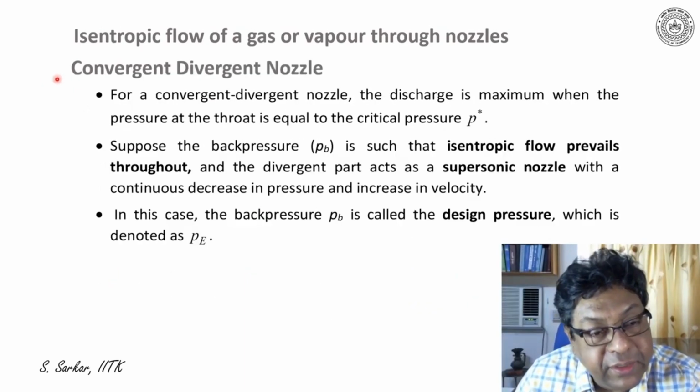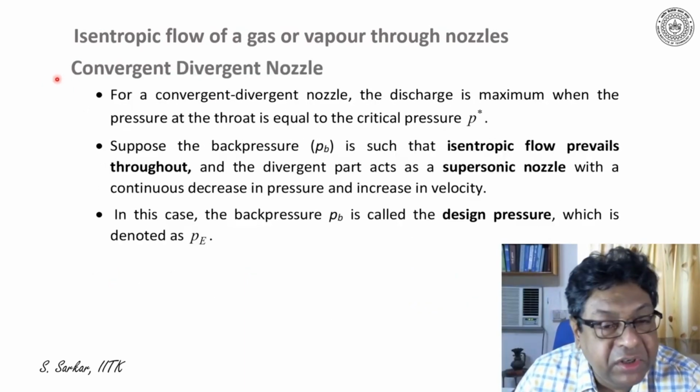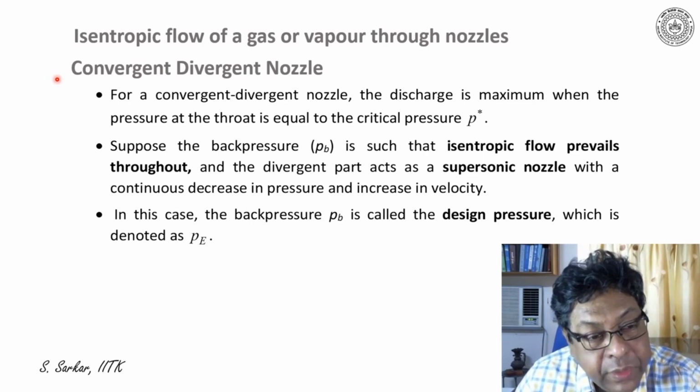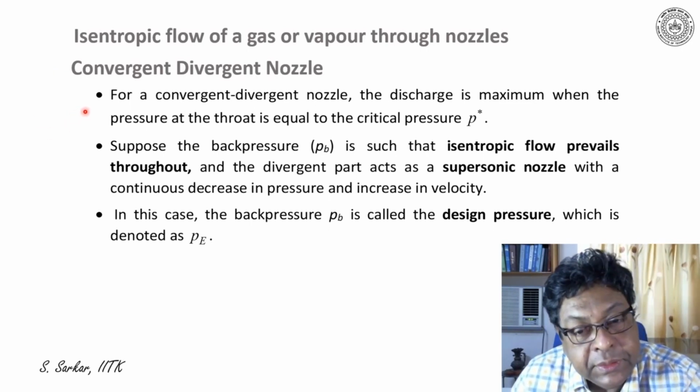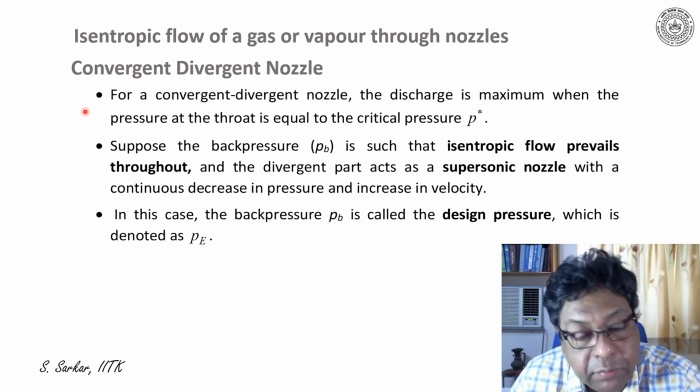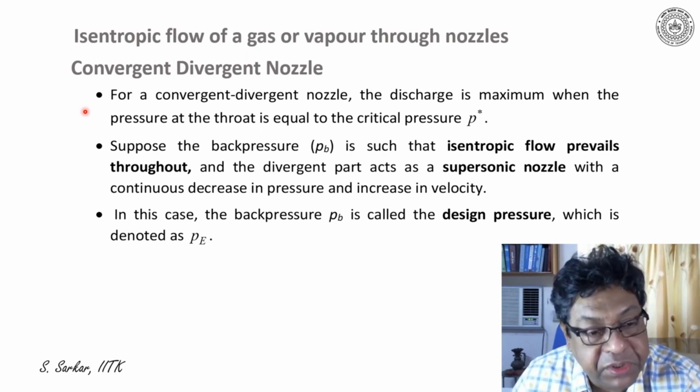Now let me consider the convergent divergent nozzle. For a convergent divergent nozzle, the discharge is maximum when the pressure at the throat is equal to the critical pressure P star.